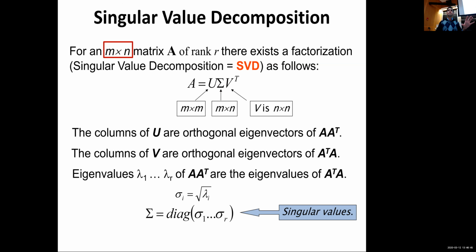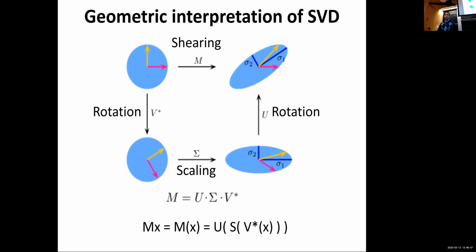Everybody with me here? Awesome. So there's a geometric interpretation of singular value decomposition, which is that instead of looking at this whole matrix M, which is effectively a shearing matrix that transforms the space into both a rotation and scaling.